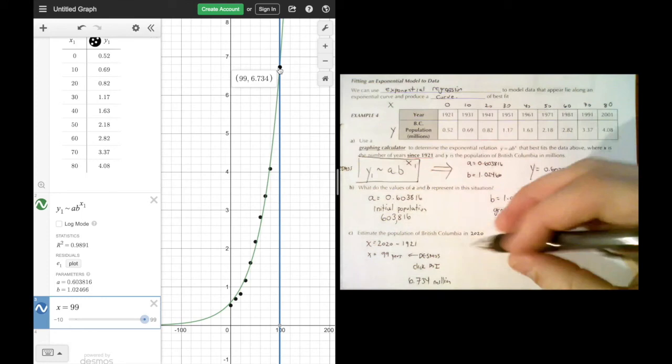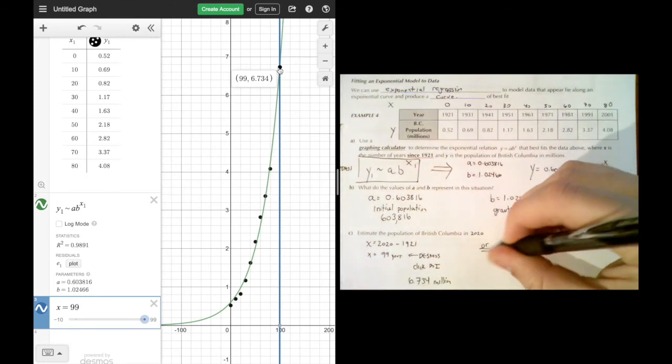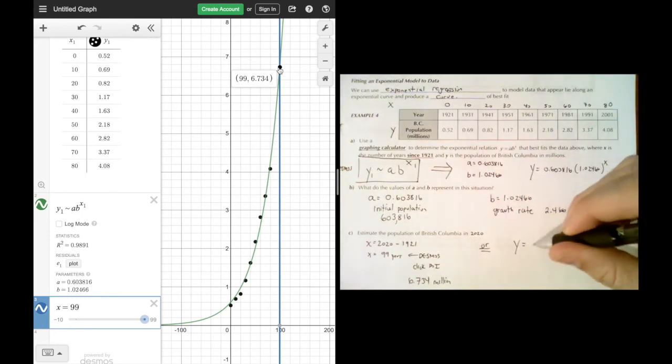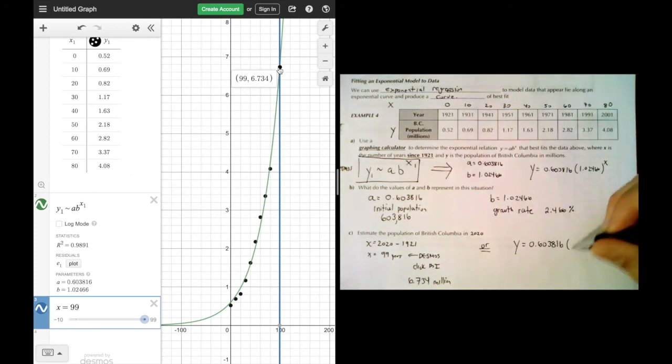Or you can use the equation. We have an equation, 0.603816 bracket 1.02466 bracket to the exponent, and we know our exponent's 99. So we can use our calculator.